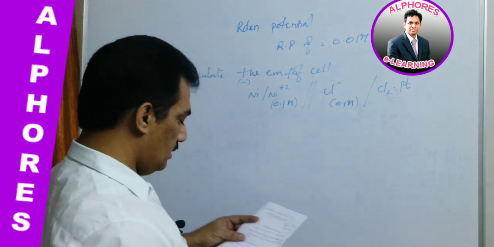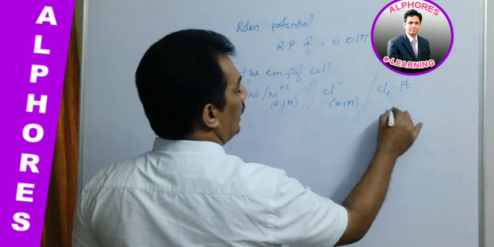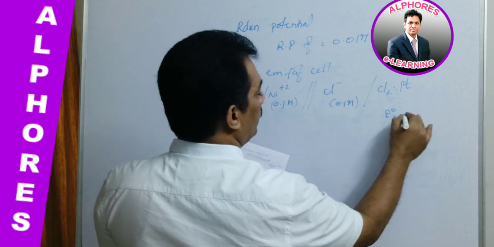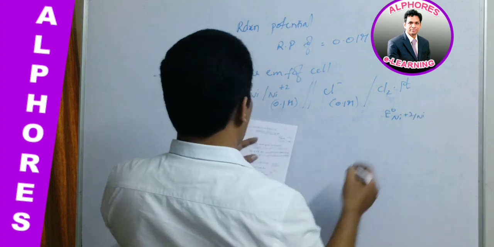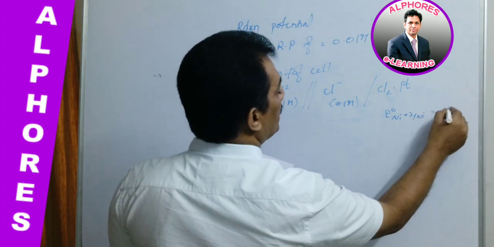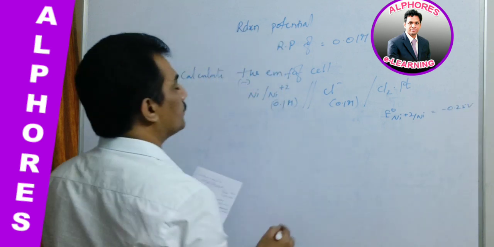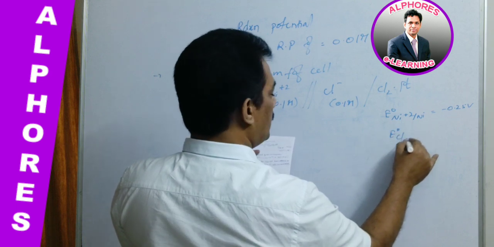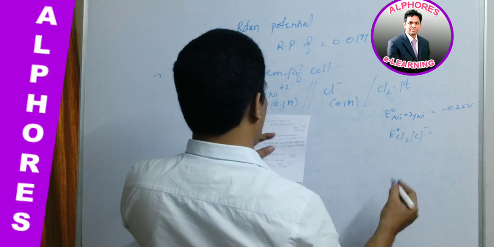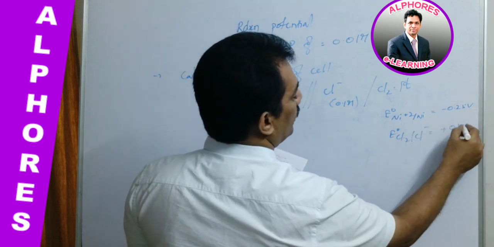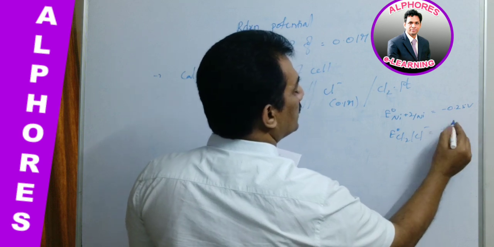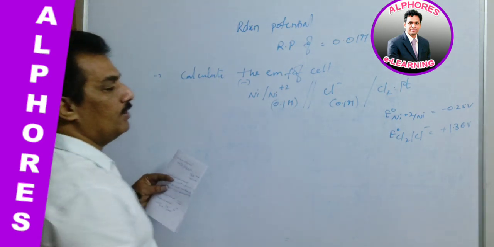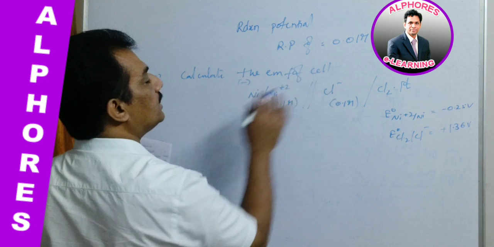Now they are providing the standard electrode potential of nickel, Ni+2 to Ni, SRP value, just remember, it is minus 0.25 volts. And E0 of Cl2, here also the SRP value is given, it is plus 1.36 volts. Clear? Now when these two are given, they are asking for the EMF of the cell.